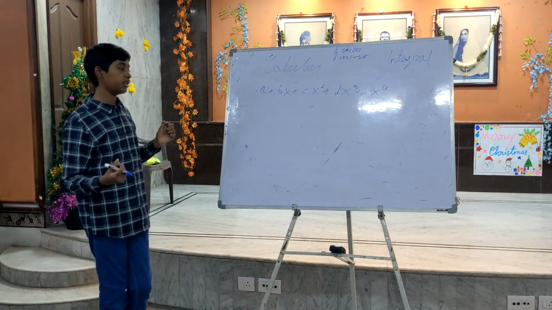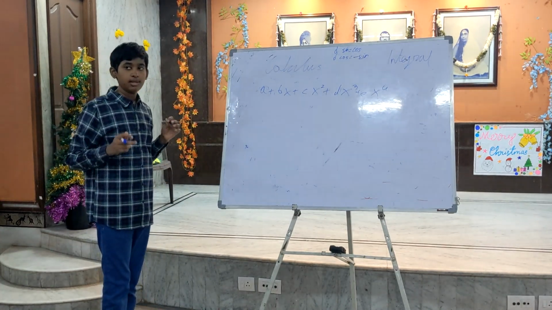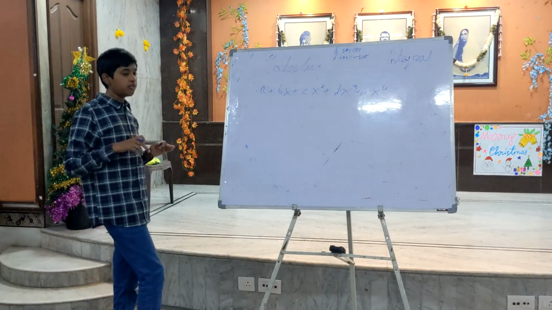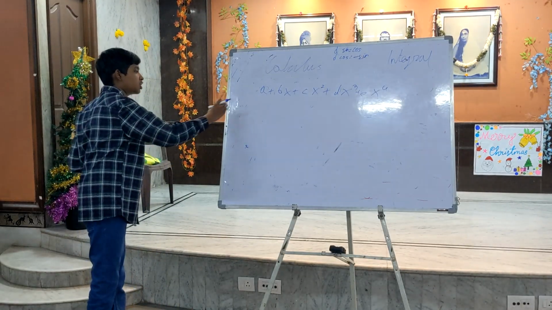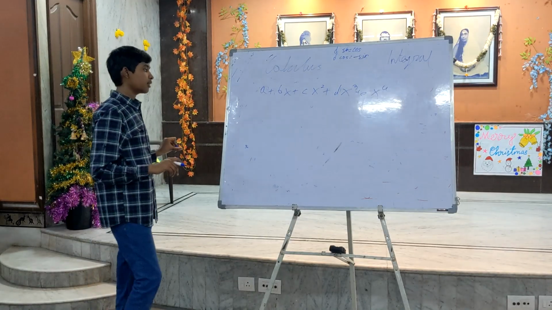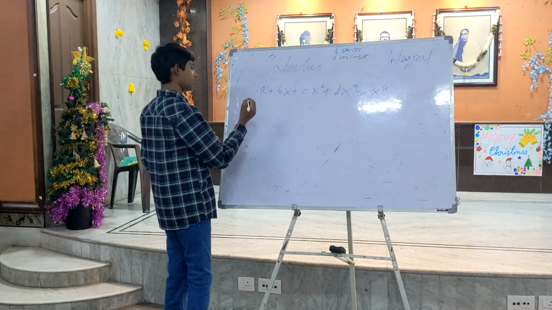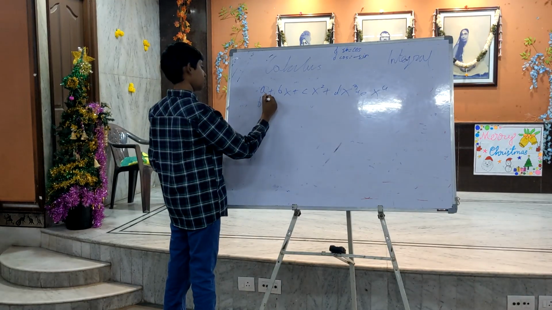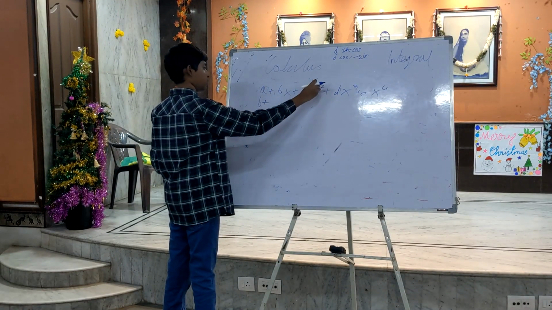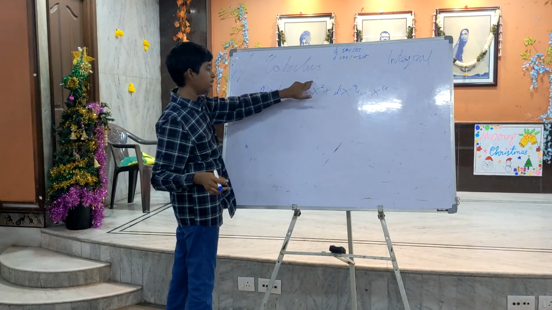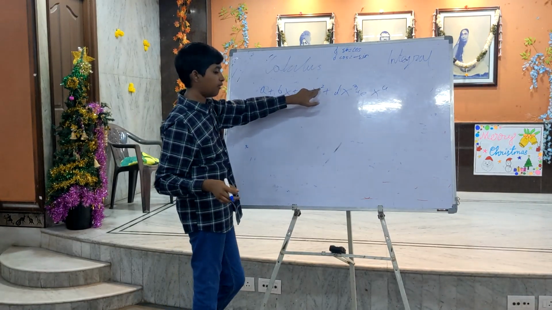Let us find the derivative of this. The derivative of a constant value, a. Derivative is the rate of change, but a is not changing. So the derivative of a will go to 0. bx goes to b. For cx squared, the way you do this is you put the power in front and decrease the power by 1.